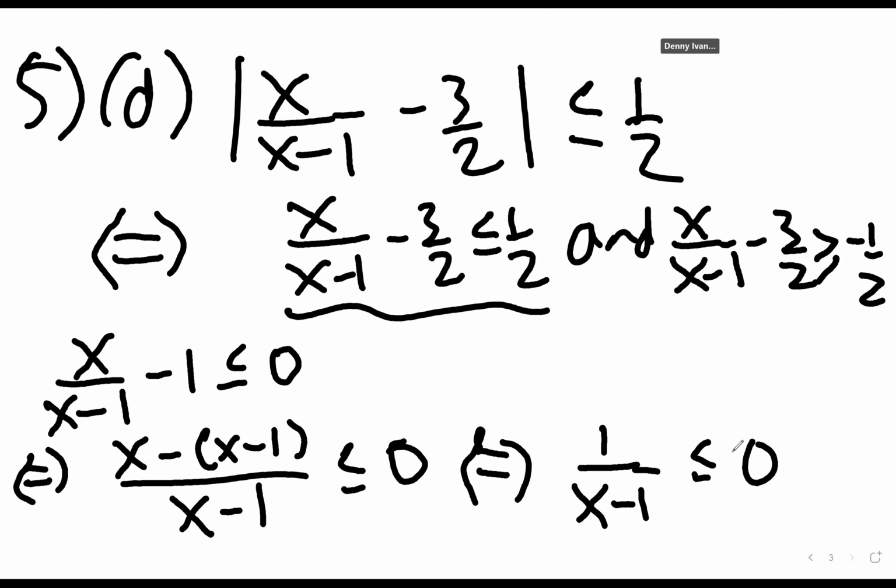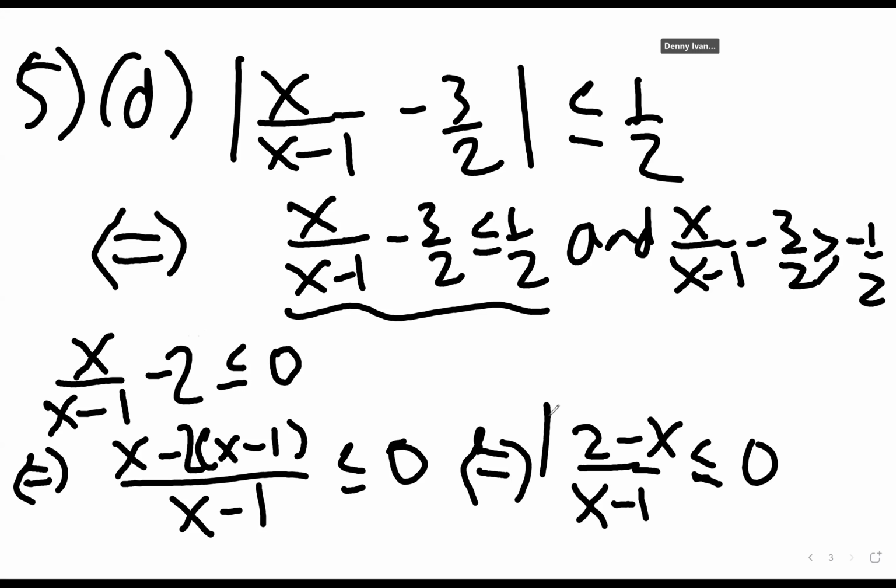So if you have this, oops, sorry, looks like I made a mistake here. It's minus 2 here. Okay, minus 2 everywhere. So I will get x minus 1 as a denominator, and then I have 2 minus x. Okay, it's less than 0.